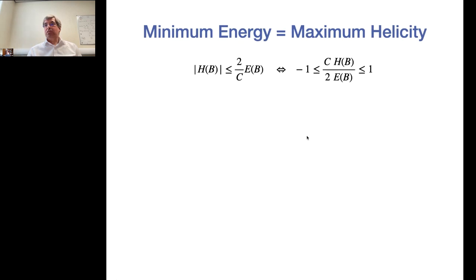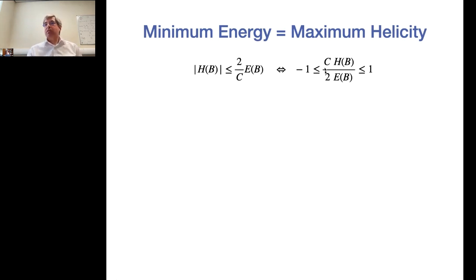And in order to keep the symmetry, instead of looking at H of B and the energy E of B separately, you can divide and multiply with C, our constant, the minimum eigenvalue, divided by 2, to obtain a dimensionless quantity, which now varies between -1 and 1.